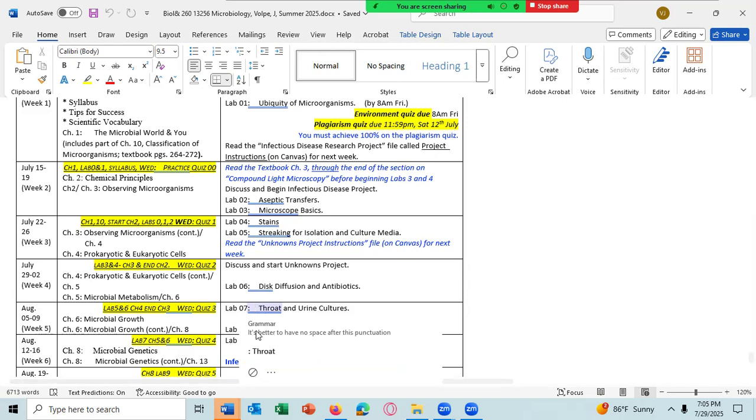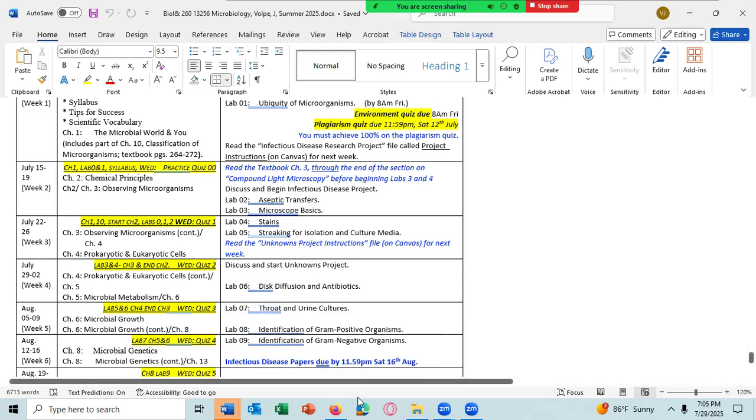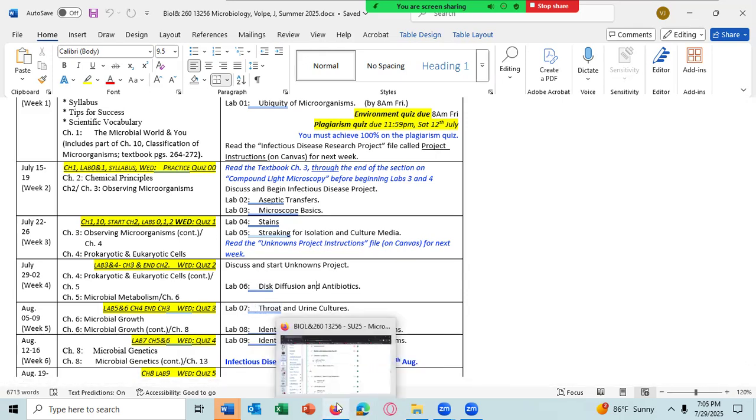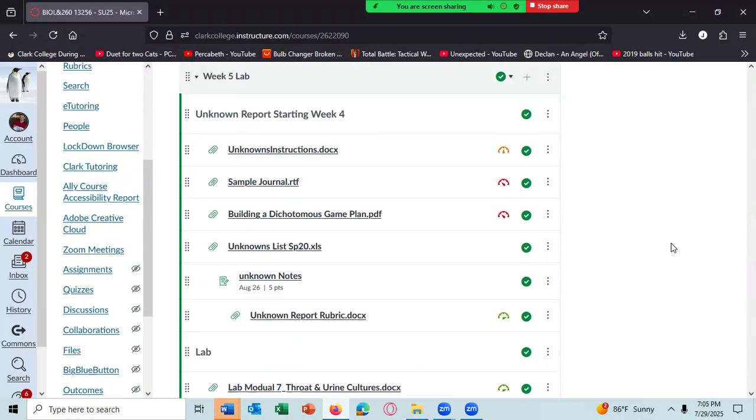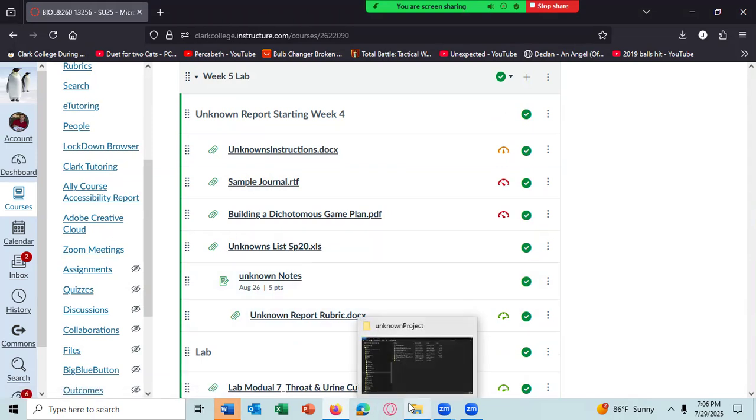So 7 and 8 is in week 5. What we're going to be looking at is under week 5 lab, and I'm going to show you the unknown instruction file, which I'll do directly from my computer because that will show better. And we'll talk about the unknown list of species. Let me get that one open too.